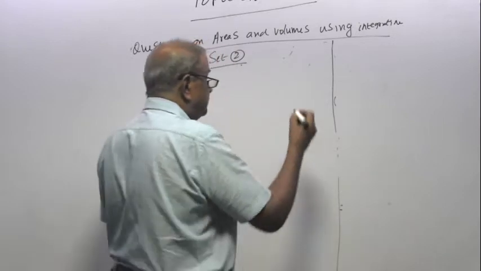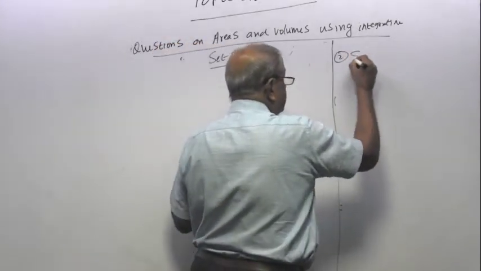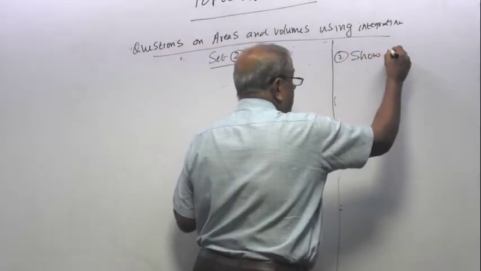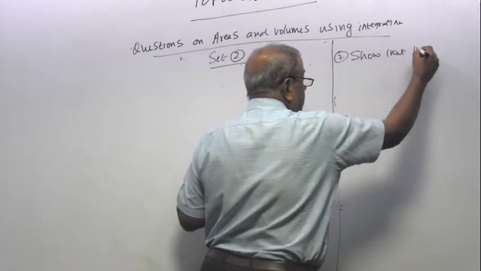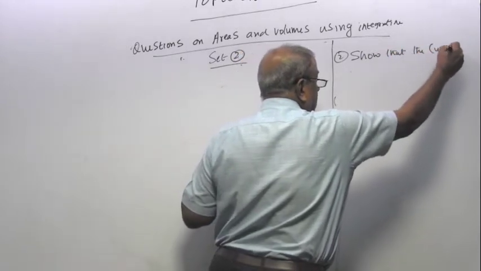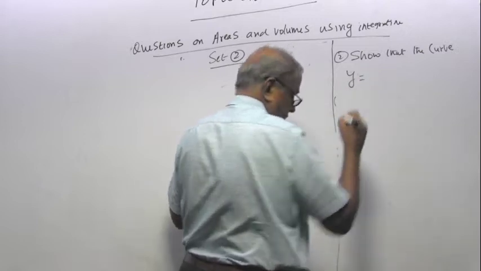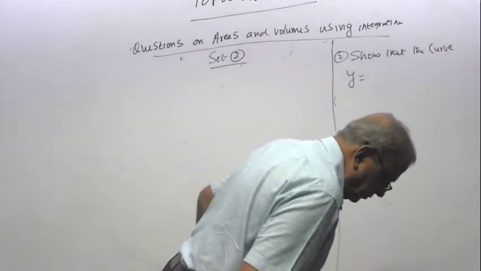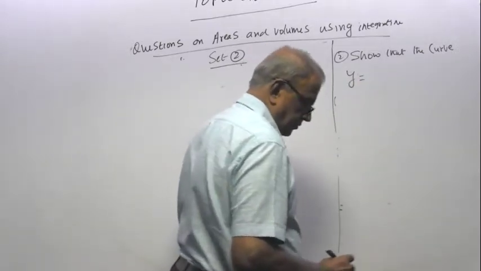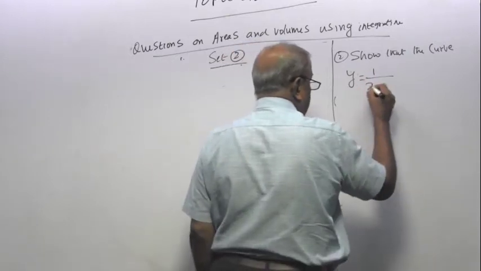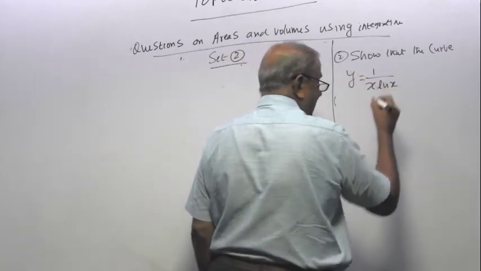Show that the curve y equal to 1 over x ln x.